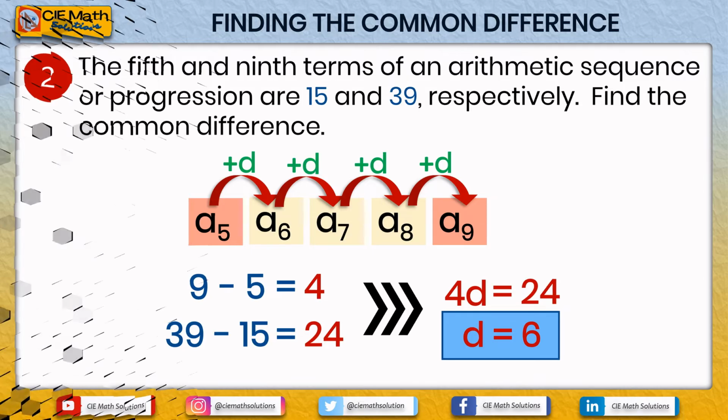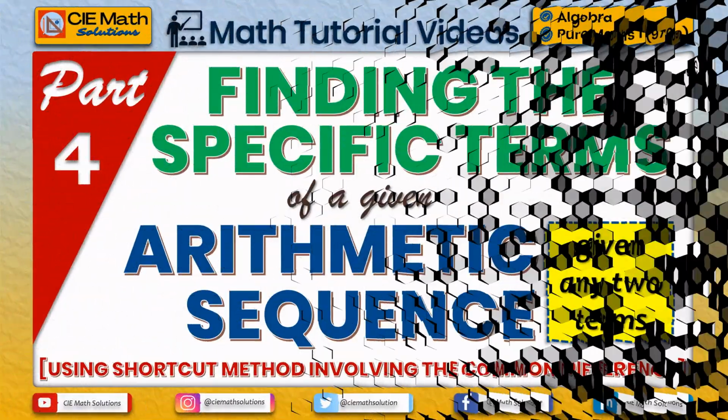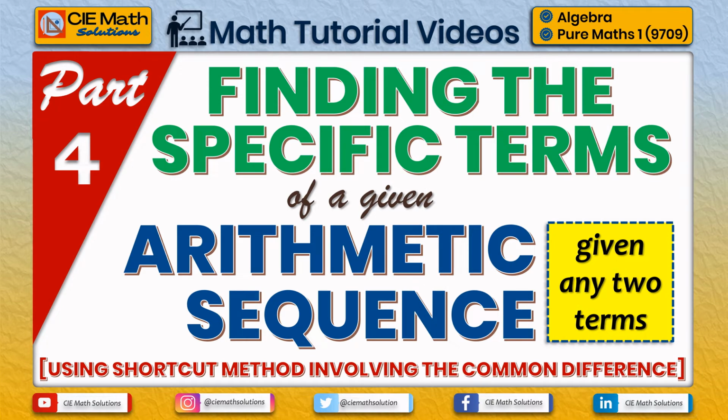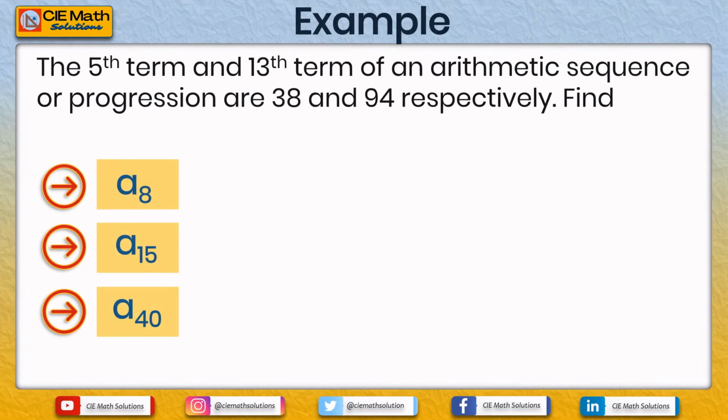Now let us use these prerequisite concepts in finding the specific terms of an arithmetic sequence or progression given any two of its terms. For example, the 5th term and 13th term of an arithmetic sequence or progression are 38 and 94 respectively.